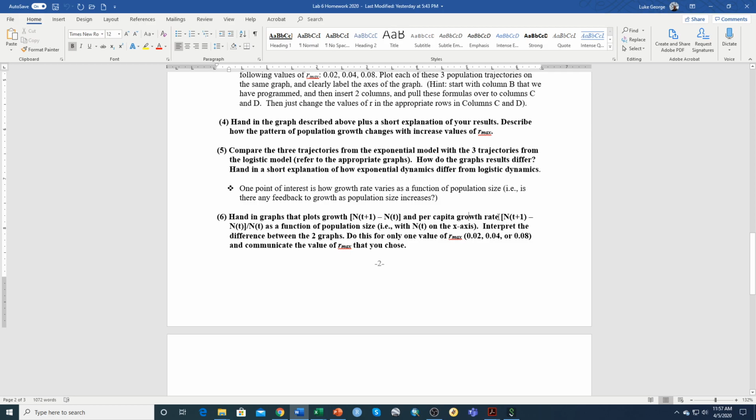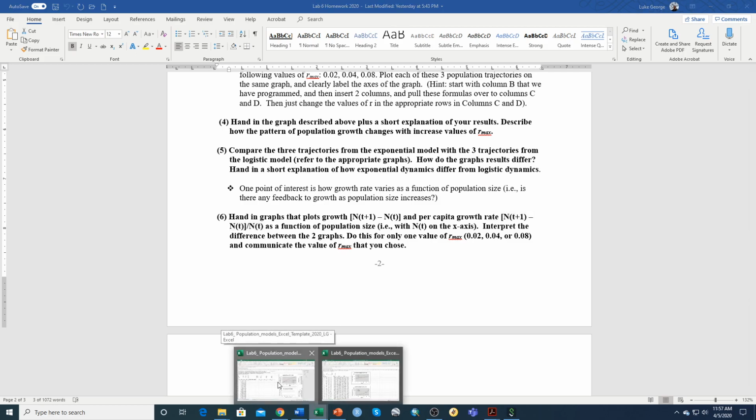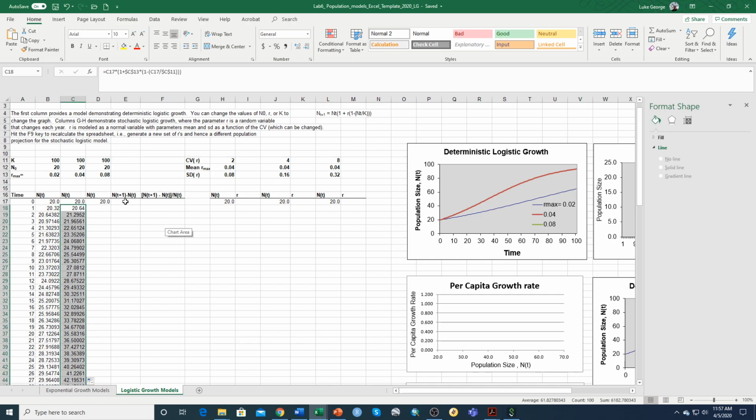The other thing we want you to do is to plot the per capita growth rate, and that would just be delta n, so n sub t plus 1 minus n sub t, divided by n sub t. And we want n sub t on the x-axis for both of those. Again, pretty simple to set that up in Excel.